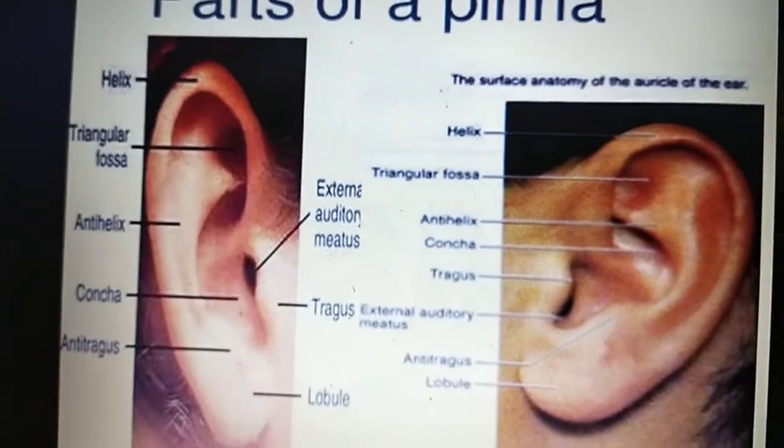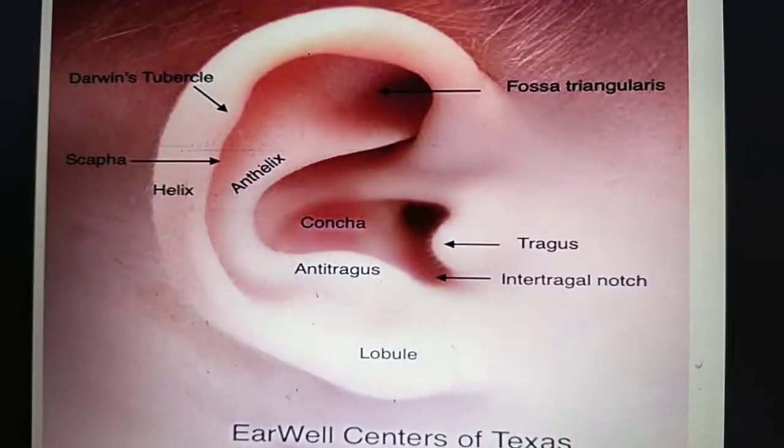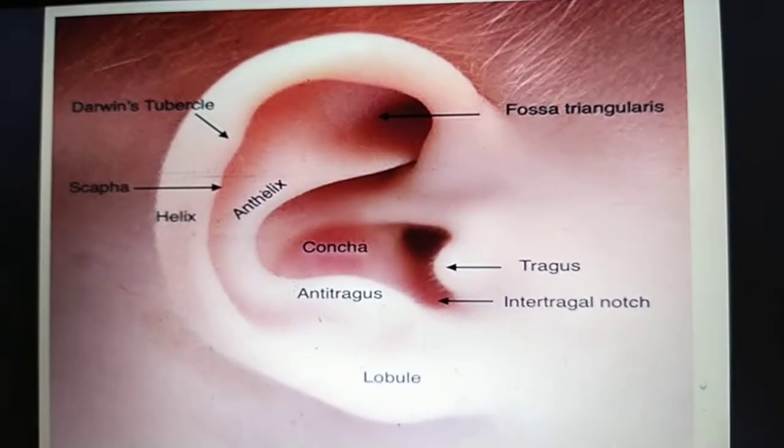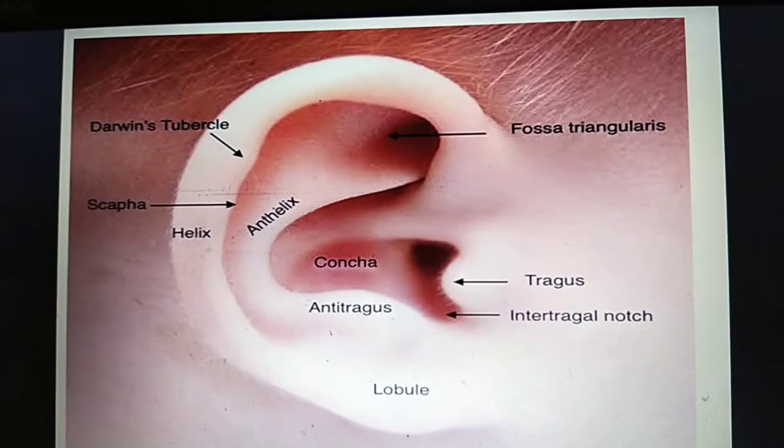These are the parts of the visible part of the ear, the auricle or pinna. In the next slide we can clearly see the parts of the ear.